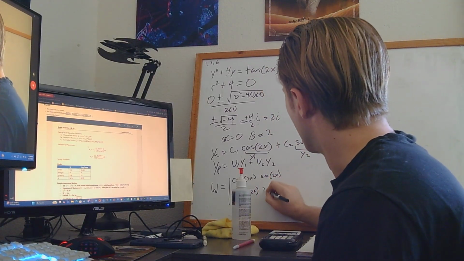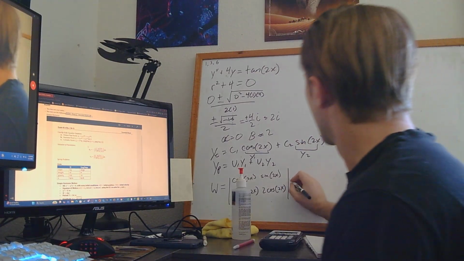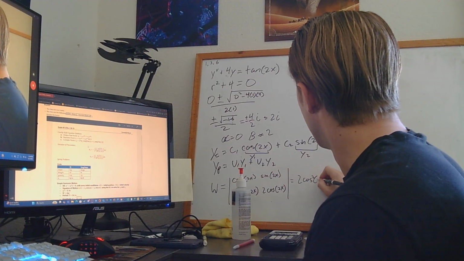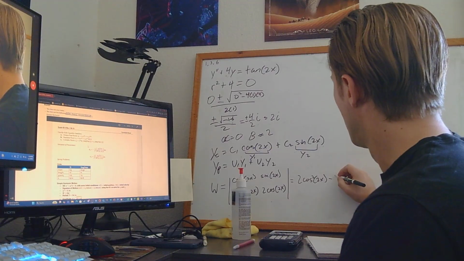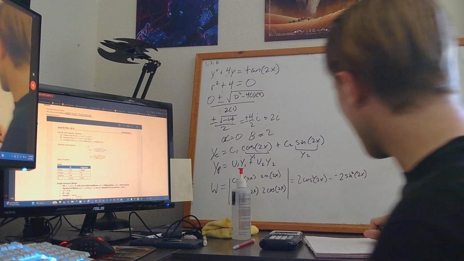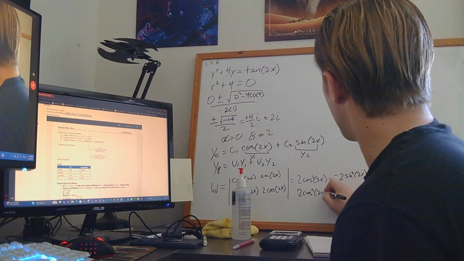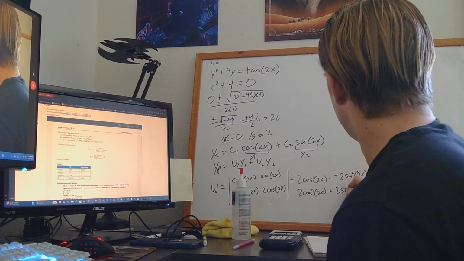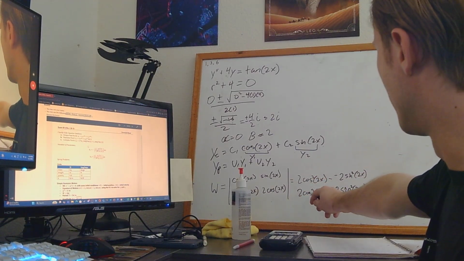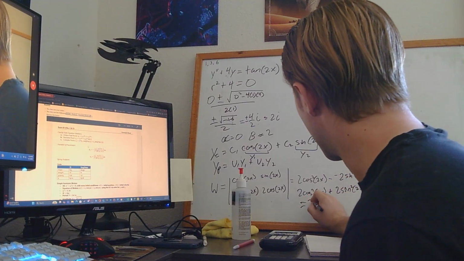And derivative of sine 2x is 2 cosine 2x, chain rule and all that. So with the matrix, we're going to have 2 cosine squared 2x minus negative 2 sine squared 2x. Okay, so that's just going to be an addition here, plus 2 sine squared 2x. So from here, I can factor out this 2, and then a trig identity, cosine squared plus sine squared is going to be 1. So the Wronskian is just going to be 2.